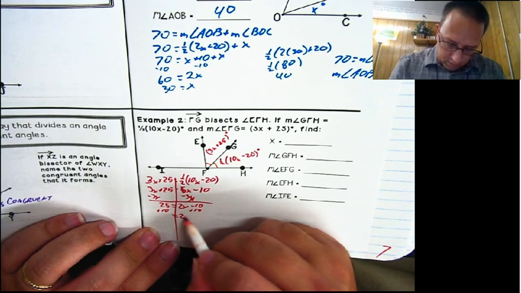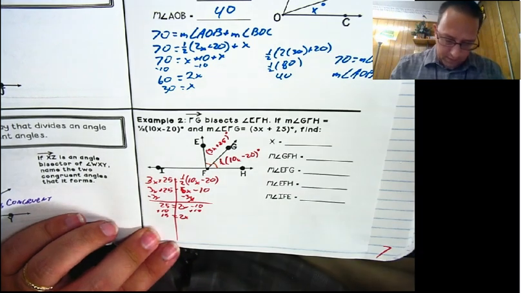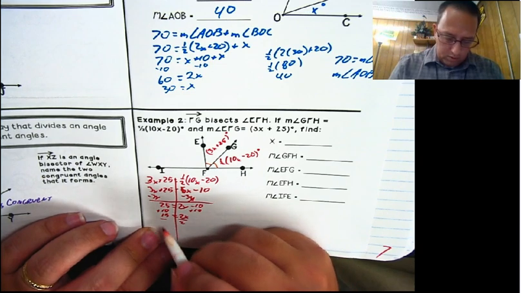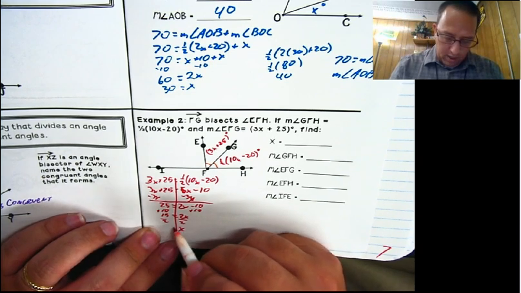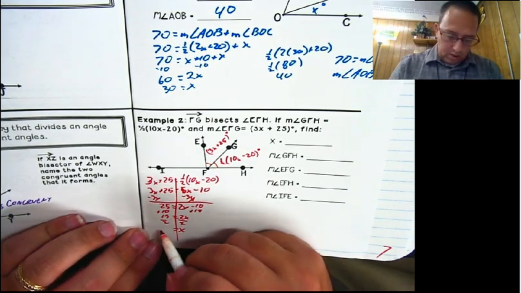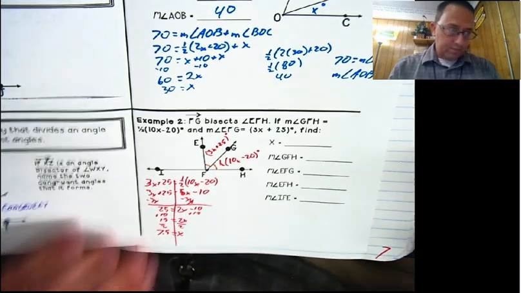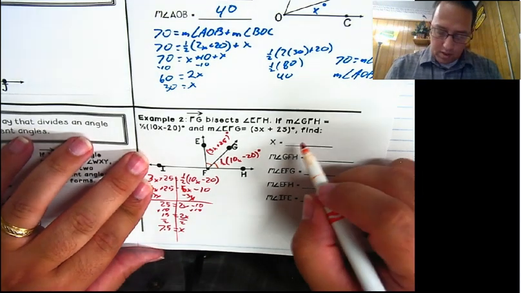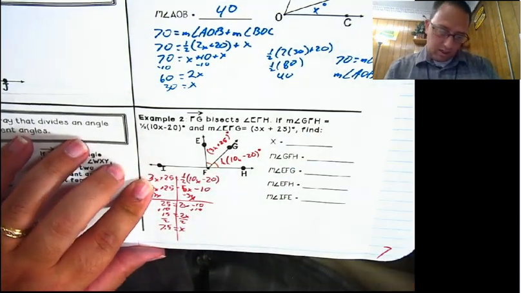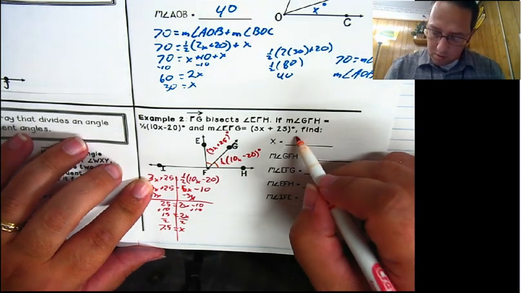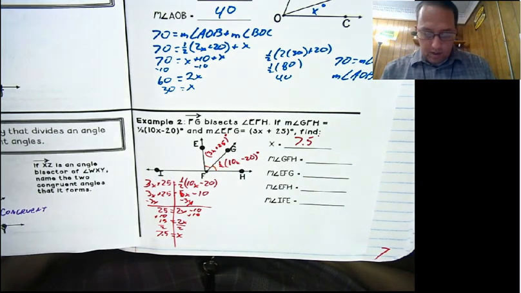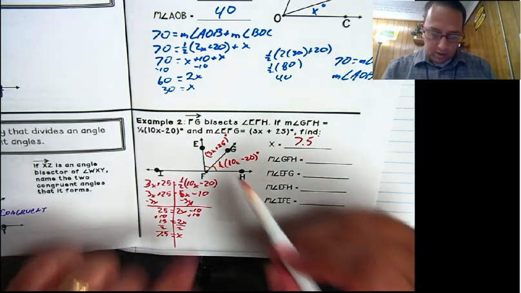So we now have 2x equals 15, and we want to get x by itself, so we divide by 2, and now x equals 15 halves, or if you prefer, 7.5, whichever one you like. Okay, now we need to find GFH.